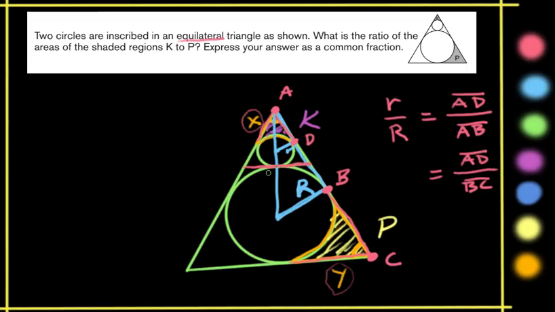And now this point here at the center of the small circle has some distance. It's a distance r from it to this point here. Let's just call it E.